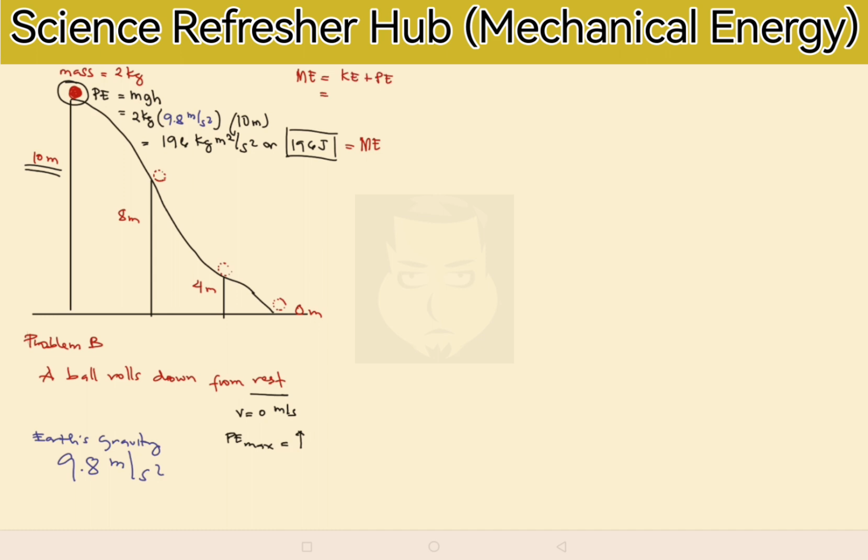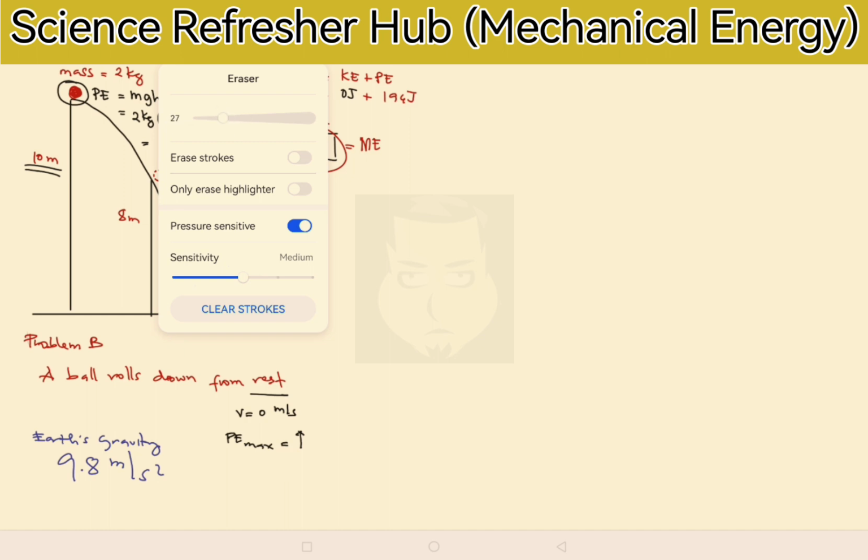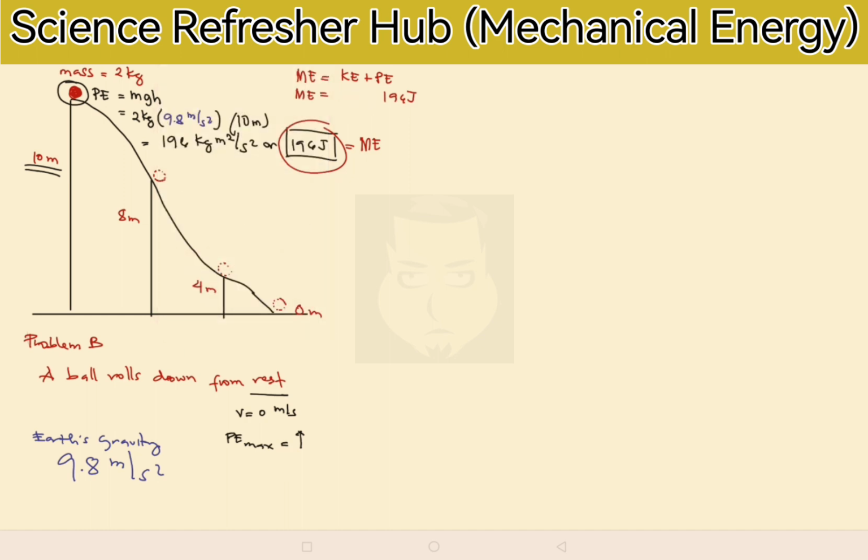And in this case, we don't have KE, it's 0 joule, but we have PE. The value of your PE is 196 joule. So this is going to be the value of ME. I hope it makes sense, okay? So we will proceed.